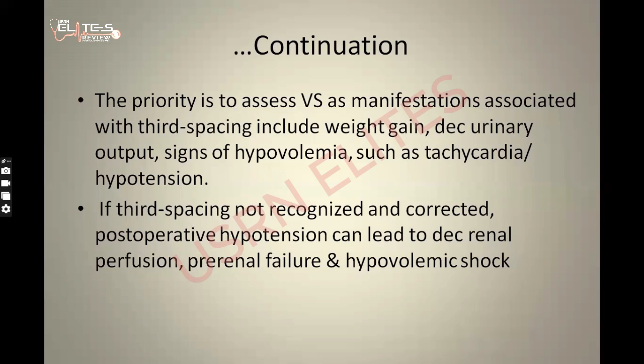For those of us who have forgotten, just as a revision, in the normal physiology of the body, you should have blood entering the kidneys to be filtered. Then after filtration, the good parts will stay, and excess or bad parts will come out as urine.